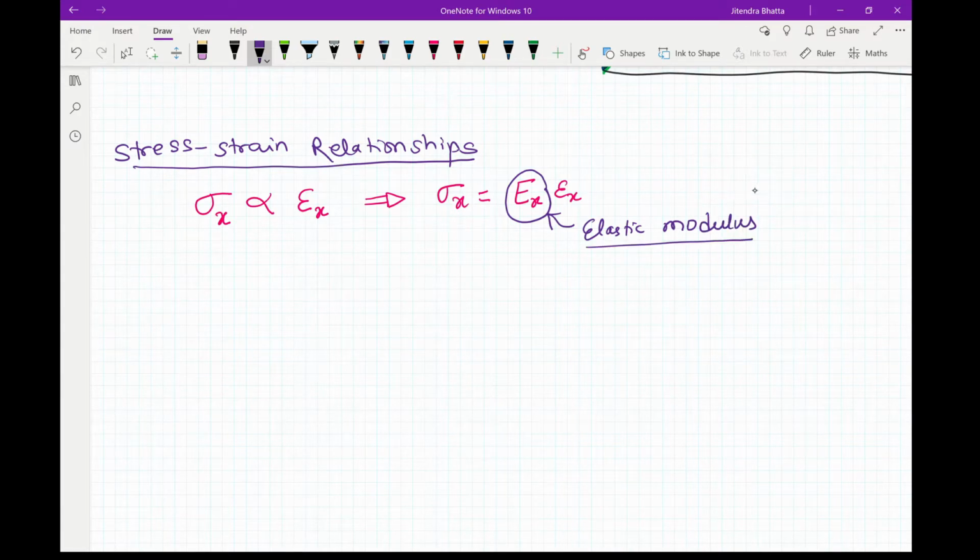However, this applies only to 1D elements like the rod we discussed earlier in x direction.